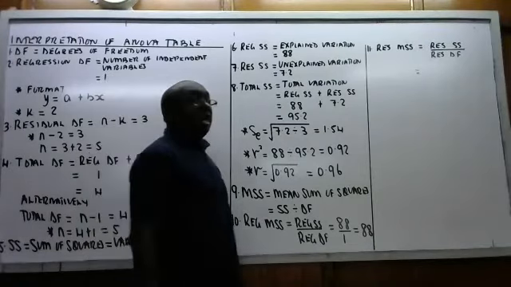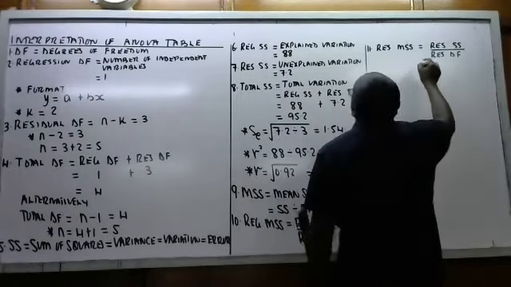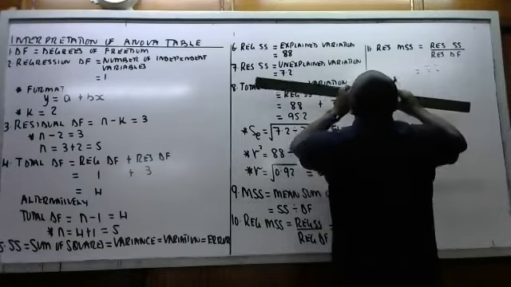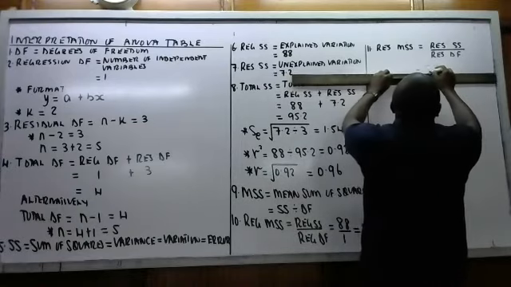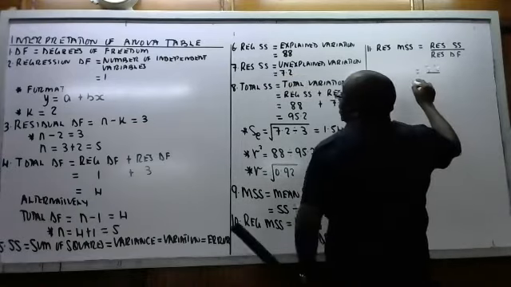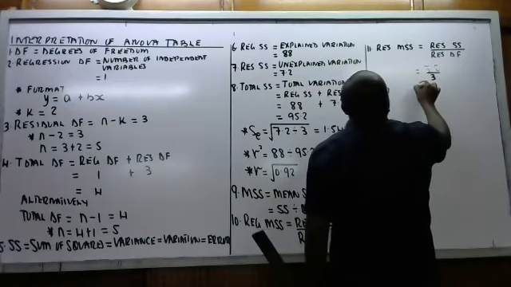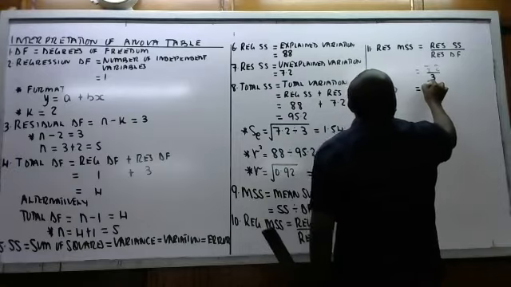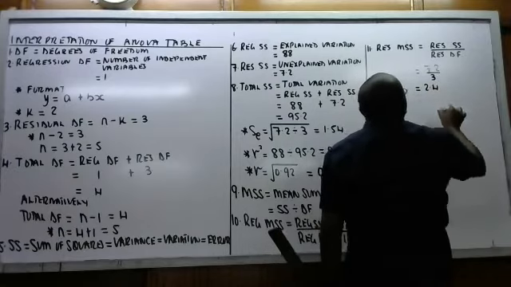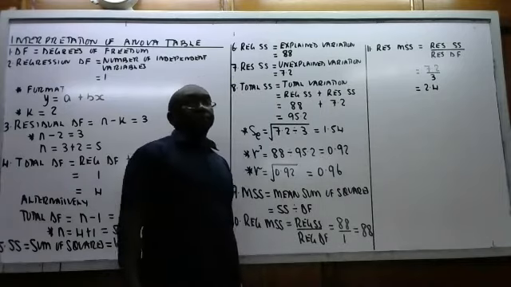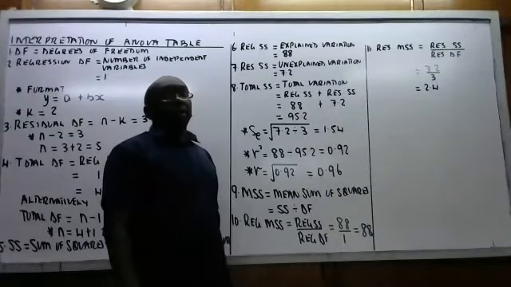So the residual SS, we already know it is 7.2. You divide by 3, the residual DF. So the answer is 2.4. Is it the one provided there? Yes.